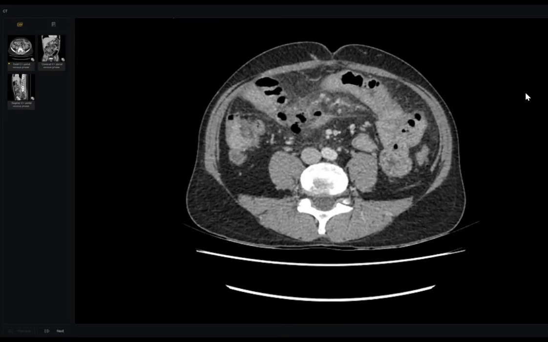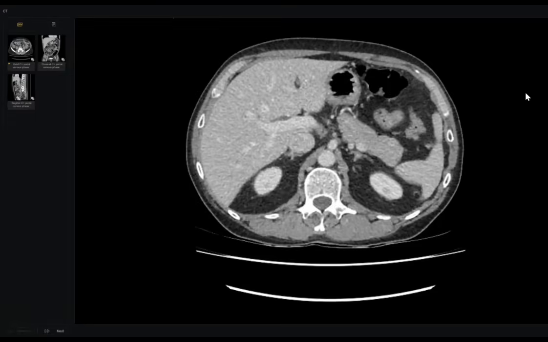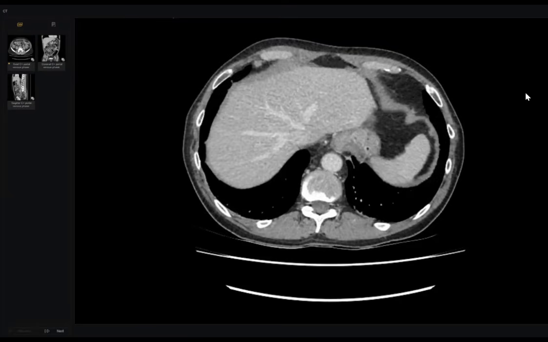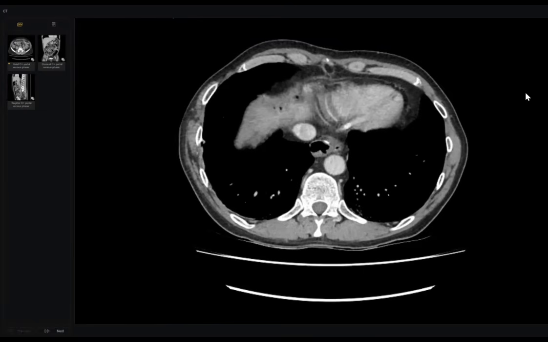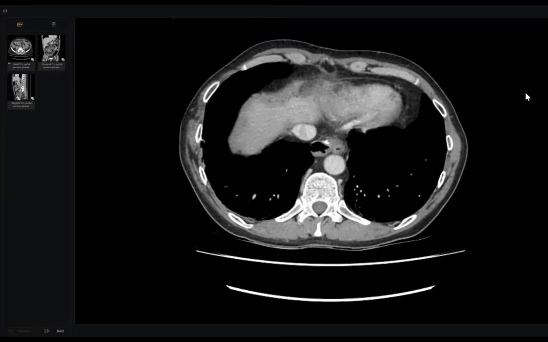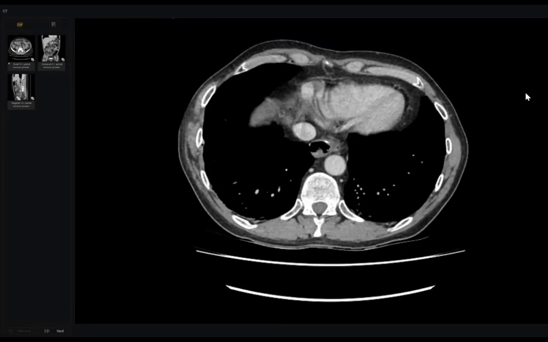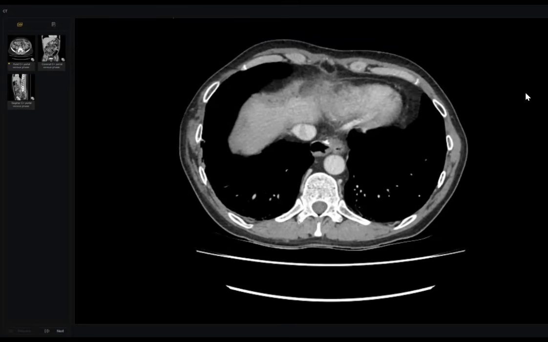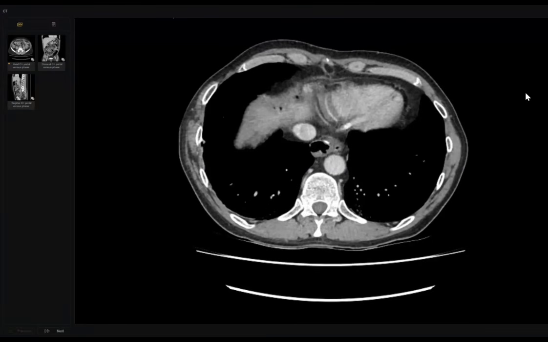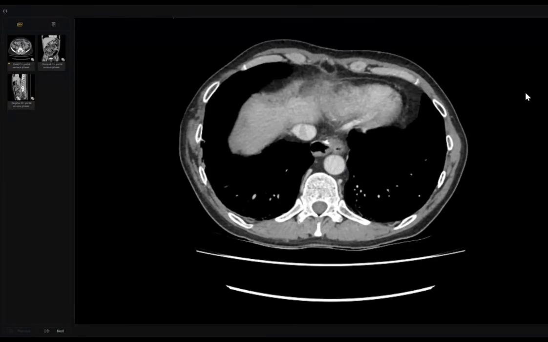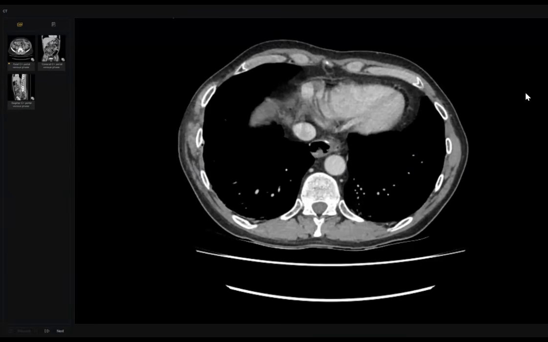Sir, can you scroll it again? So it's likely a case of infective colitis, which is involving the transverse colon. Please, could you concentrate here? What is this?